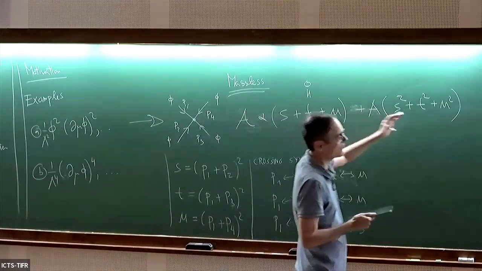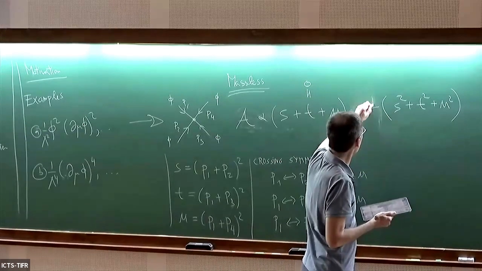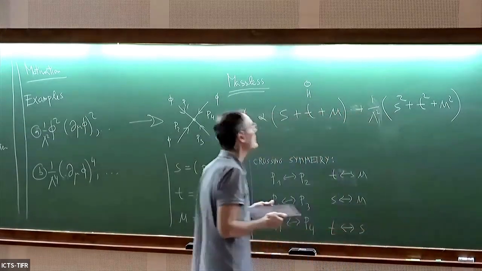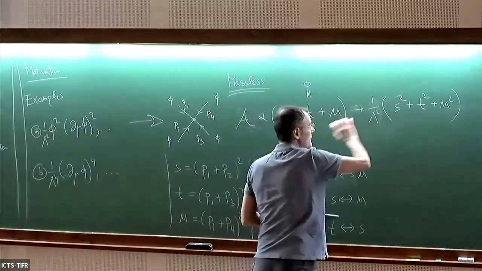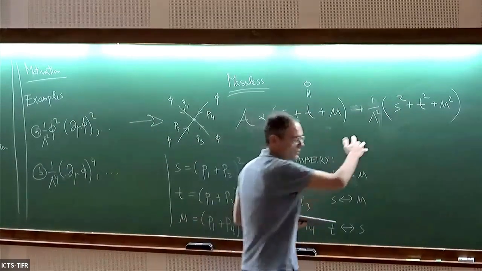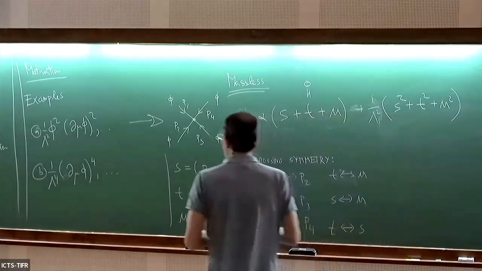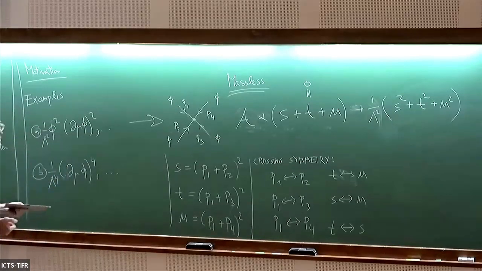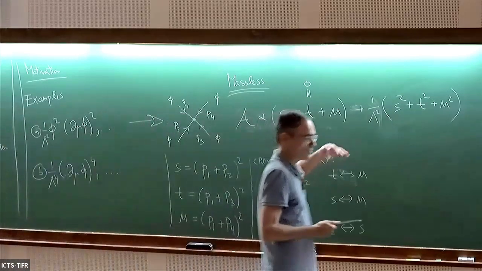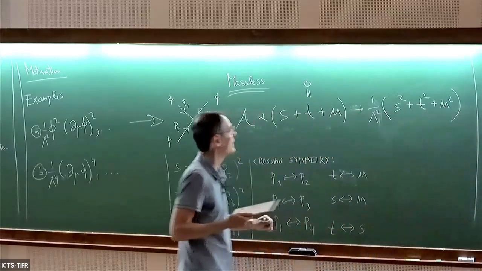We will do some kind of Taylor expansion in the amplitude because I know this term will have some coefficient, 1 over lambda squared. If I am interested in lambda going very large, I can drop this term and the amplitude is 0, and so on. So it's the same Taylor expansion that you do in the idea of effective field theory, in your Lagrangian. It's also translated in the effective field theory of amplitudes by some kind of Taylor expansion.